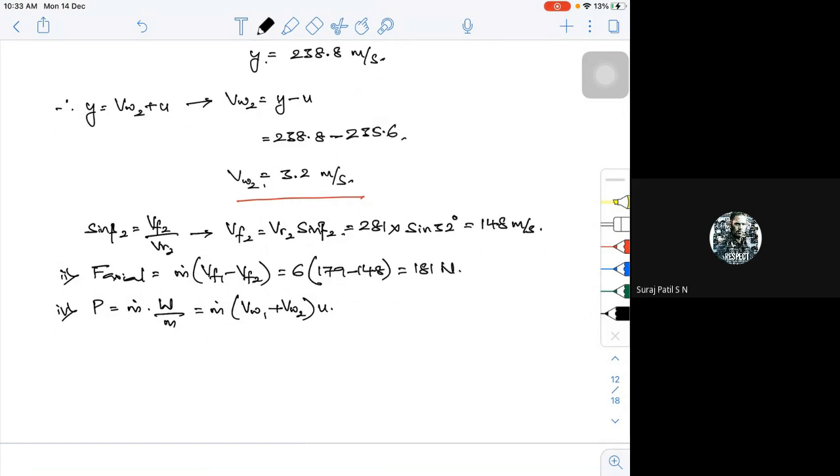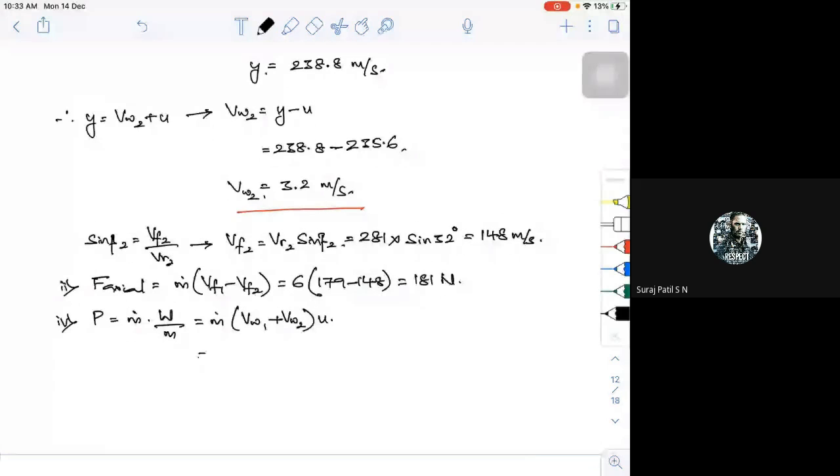Okay, let me substitute those values. Your mass flow rate is 6 into, so VW1 is 492, and your VW2 is just a small value, 3.2, into 235.6, which is my U. So your power value P, if I substitute, is roughly around 699 point something.